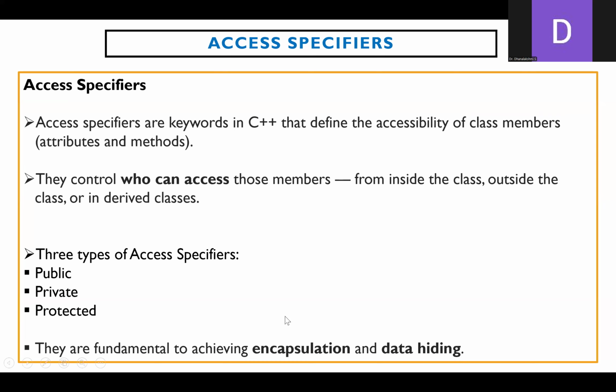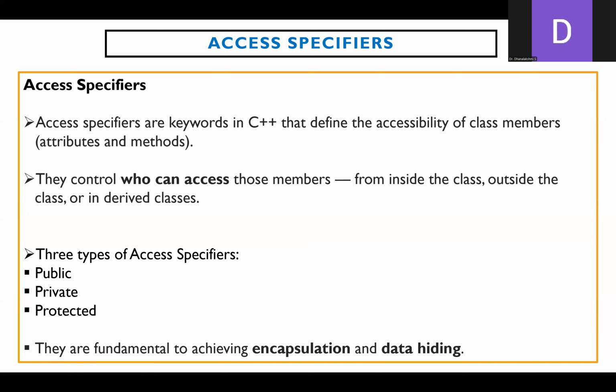Let's understand why we even need this. When we design a class, we usually have some data, for example, a student's marks or an employee's salary, that we don't want to be directly modified from outside. At the same time, we want certain operations, like displaying the result or calculating the salary, to be accessible.